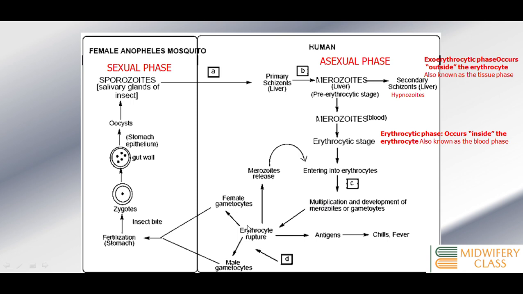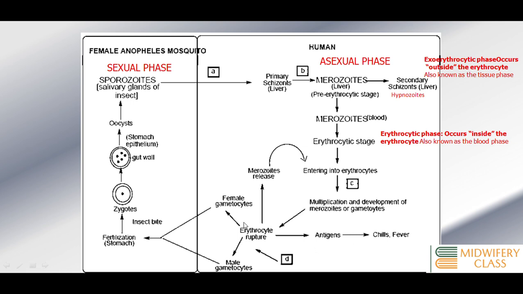Now, among the things that are released when a red blood cell is ruptured, we have antigens. Antigens are small proteins that are parts of the Plasmodium. When these antigens are released into blood, they end up causing chills and then fever.